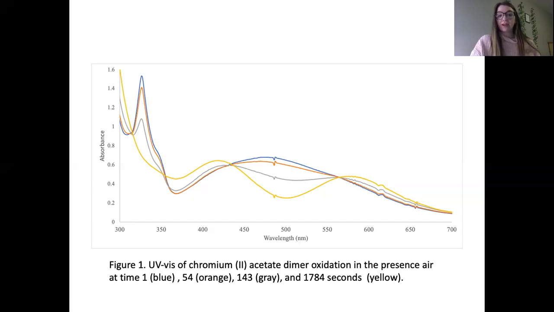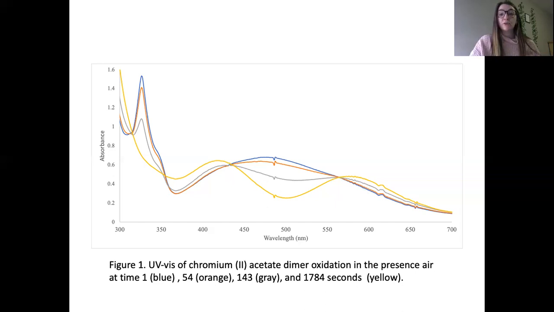So for that yellow line, the absorbance is way lower than we saw at 1 second of that blue line. But around 400 nanometers, 425-ish, we see the absorbance actually increase over time. So that is a very important wavelength of chromium 3+.